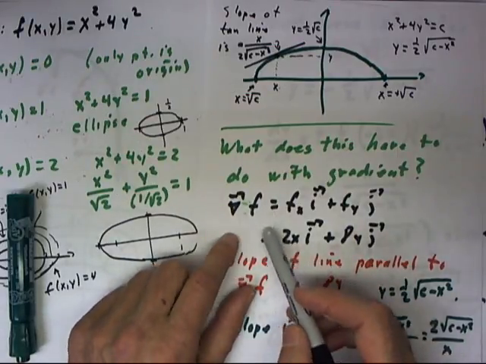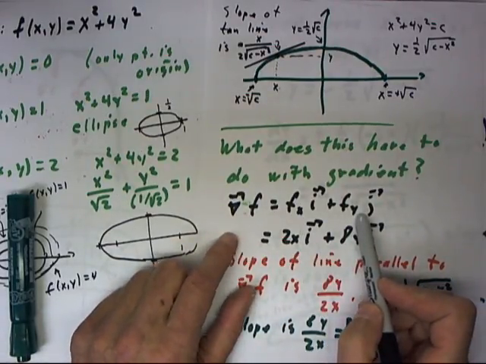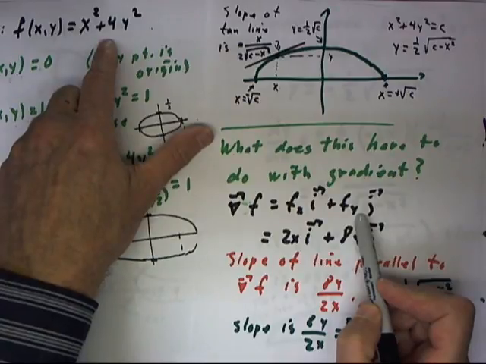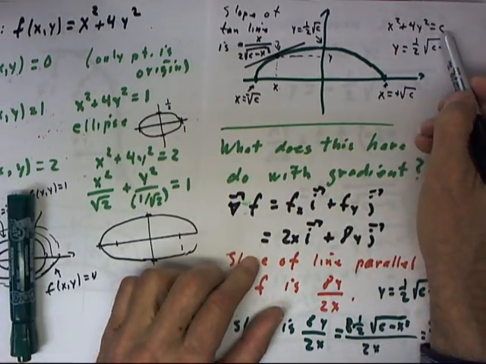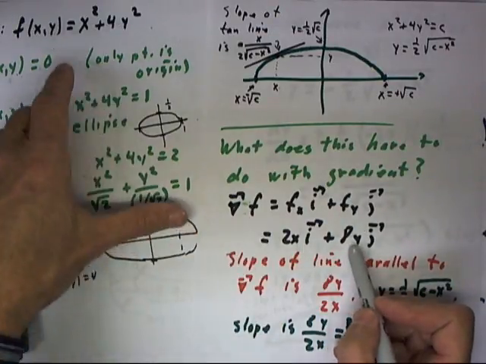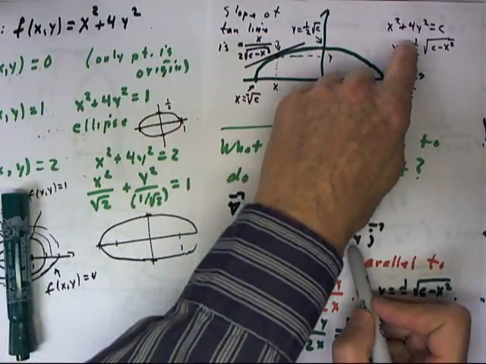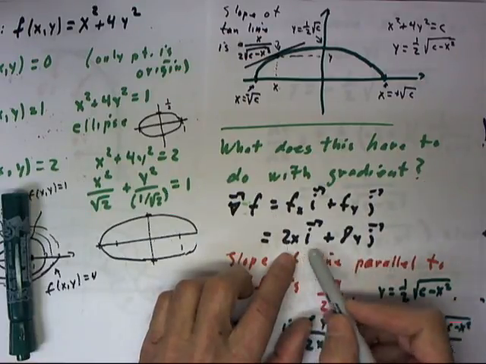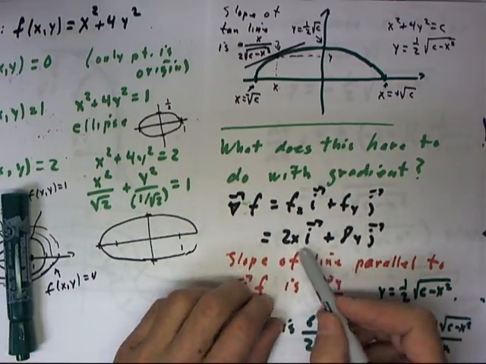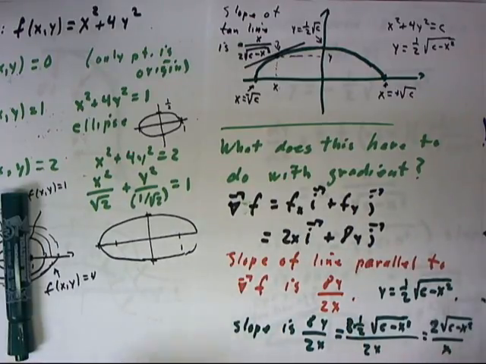The gradient is straightforward. We just do fx i plus fy j for the function we have here. The curve's x squared plus 4y squared equals c. The gradient of the function for which this is the level curve is 2x i plus 8y j. That holds for any point x, y in the whole plane.